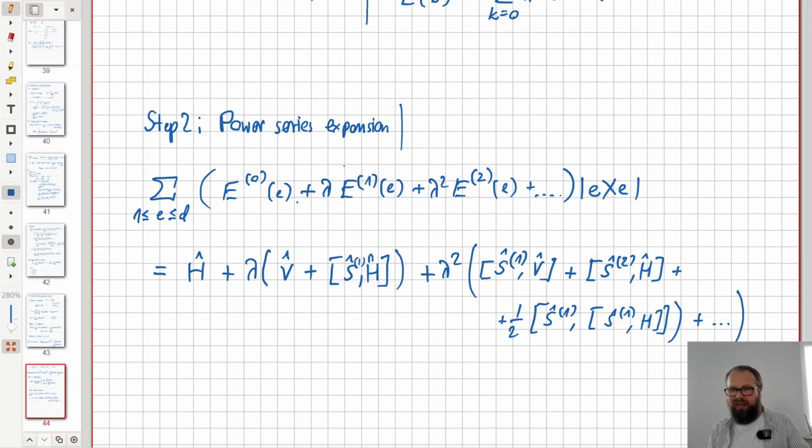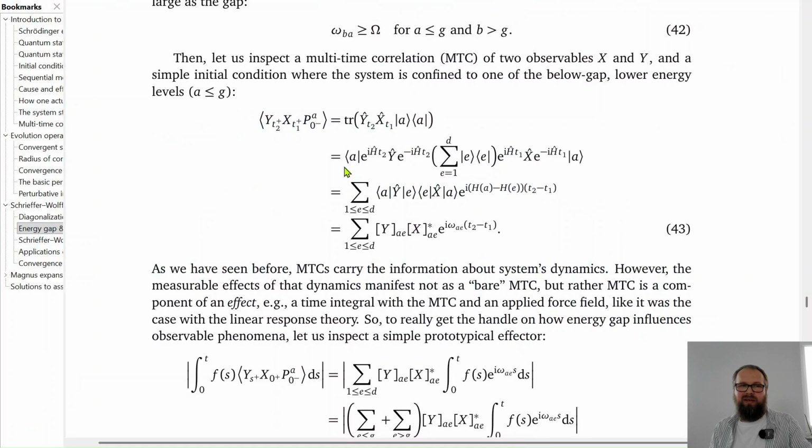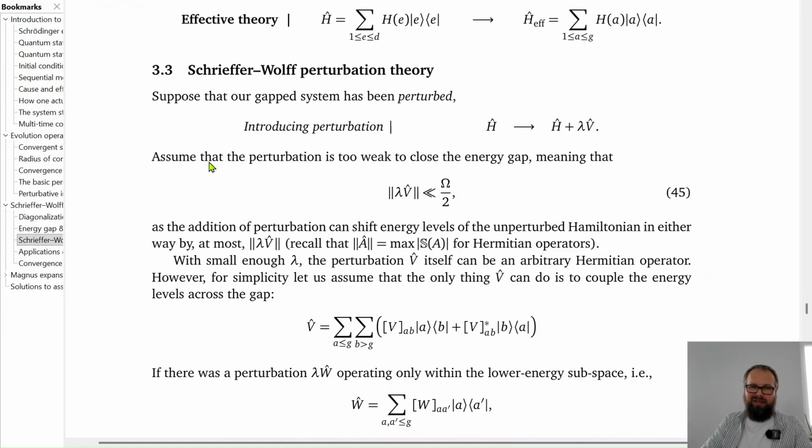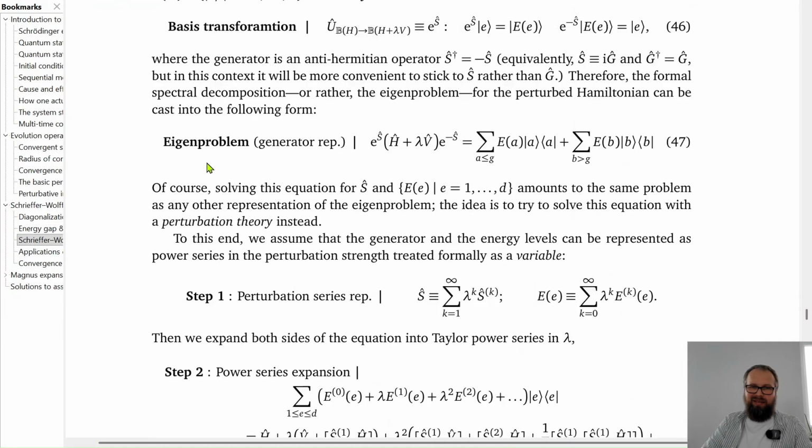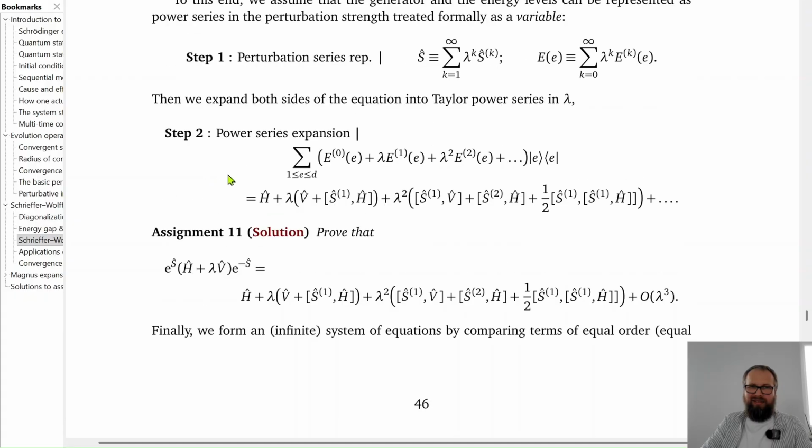This is unnecessary. And now the exercise for you. Actually prove that when you do Taylor expansion, you actually get these commutators. Just do the algebra.